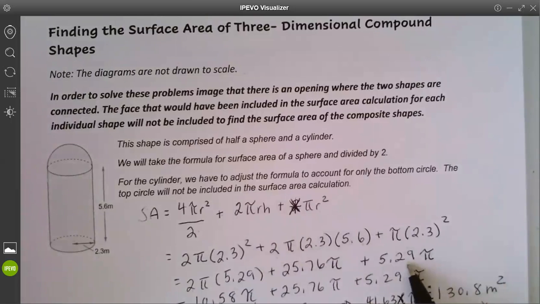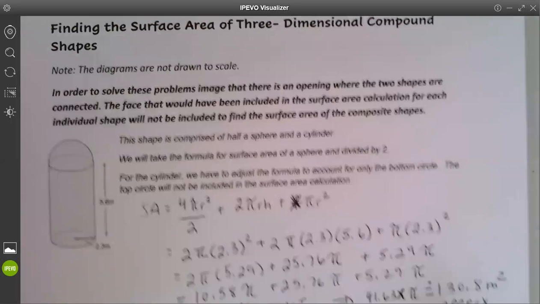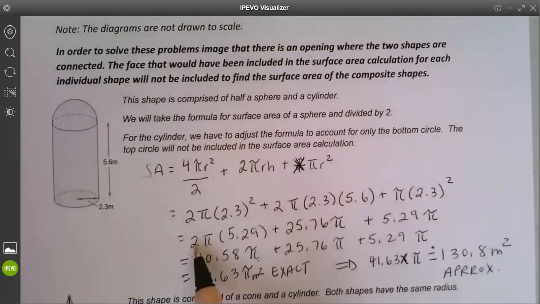And now at this point, some people choose to start replacing the pi with 3.14 and multiplying out. I prefer to work with an exact answer, so I'm going to leave pi as it is for now. All I'm going to do here is multiply the 2 and the 5.29 to get 10.58 multiplied by pi.